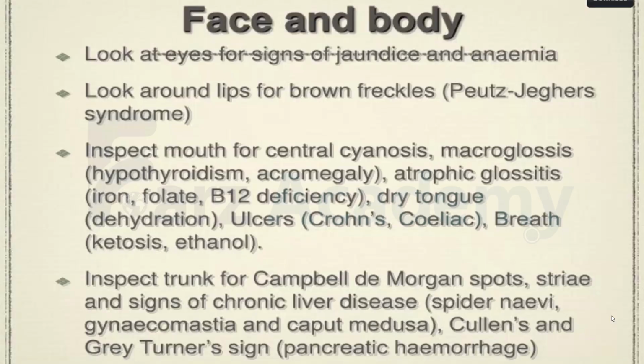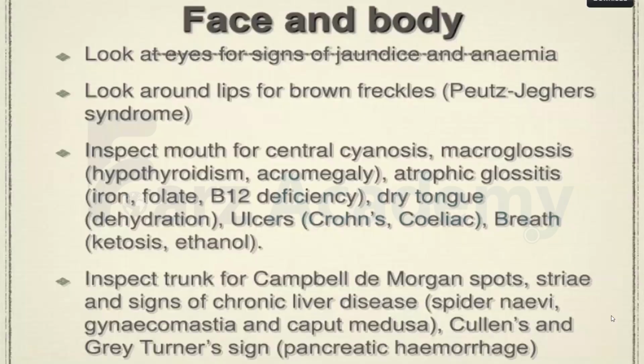Looking around the lips, you might find brown freckles, but I'm telling you, Peutz-Jeghers syndrome and brown freckles are both extremely rare in our region of practice. But if you're traveling to the UK or Dublin, if you're giving your examination at Glasgow, you might be fortunate enough to find patients with brown freckles and PJ syndrome.